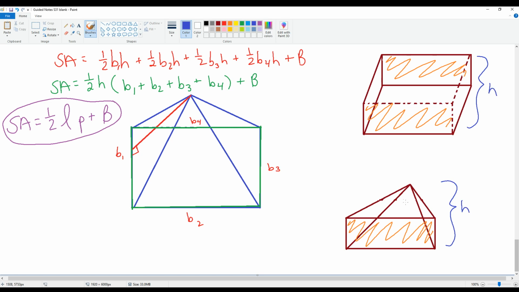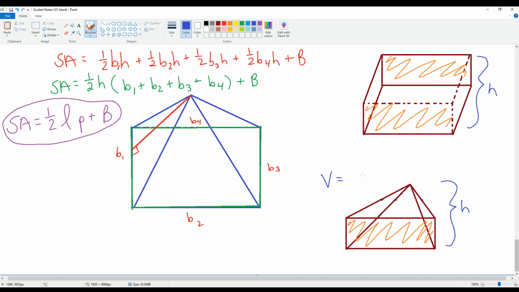But hopefully you notice that even though they have the same base, they have the same height, they clearly have different volumes. The pyramid volume is less than that of the prism. That's true. But it's not just sort of any amount less. It's a very particular amount less. The volume of a pyramid has a volume formula that is based on the formula for volume of a prism.